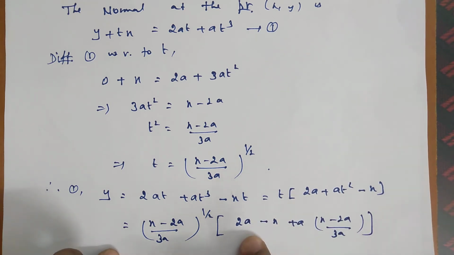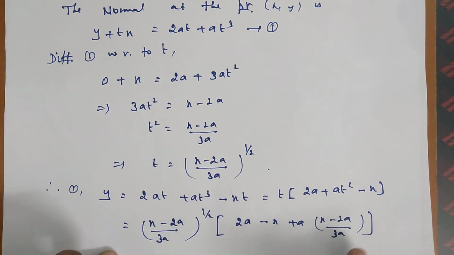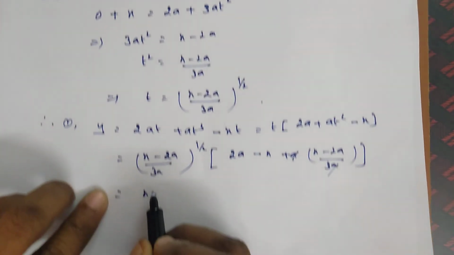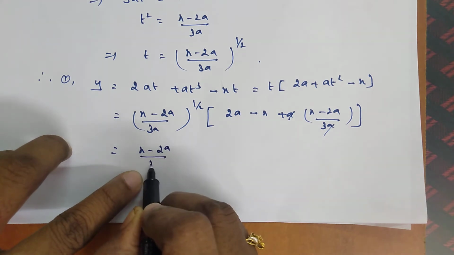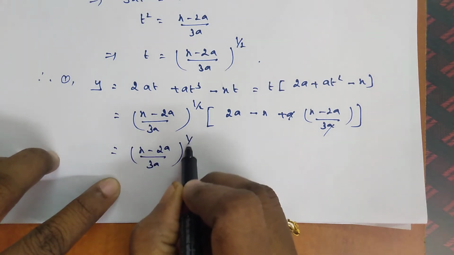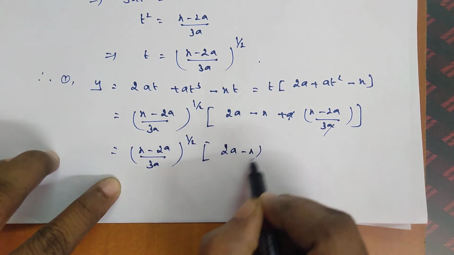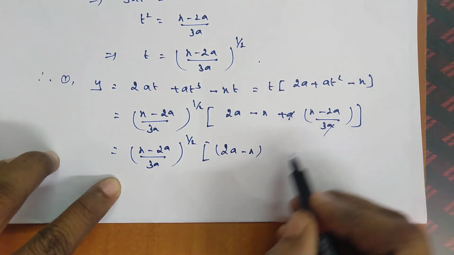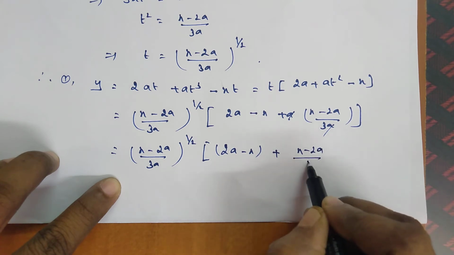When squaring, we cancel the 1 by 2 power, and we can cancel the a, so we get x minus 2a by 3. So we get x minus 2a by 3a whole power 1 by 2 into 2a minus x plus x minus 2a by 3.